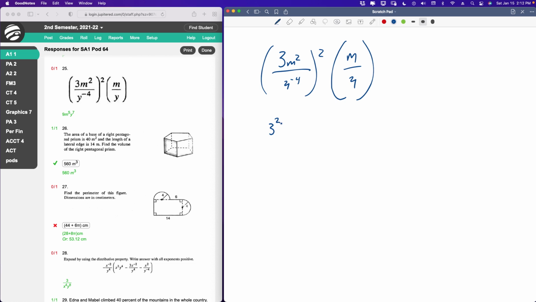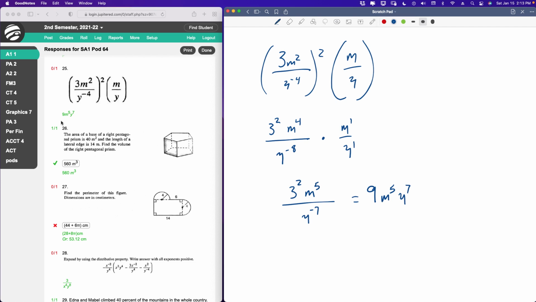So 3 squared m to the 4 over y to the negative 8 times m over y. So that's just 1 and 1 here, right? So that's going to be 3 squared m to the 5 over y to the negative 7. So we bring this up to the top. That equals 3 squared is 9, m to the 5, and then this becomes positive y to the 7, which is what we have here.